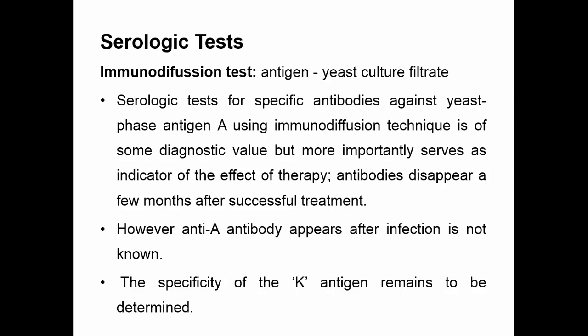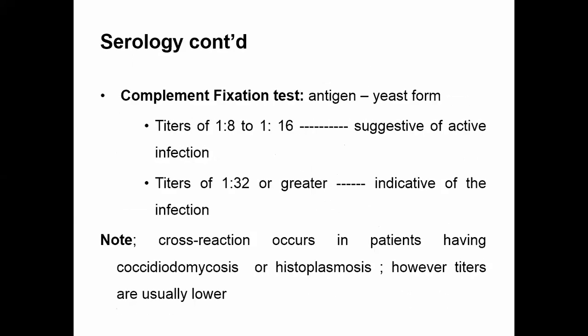So if we have antibodies against such antigens, which we recognize as the A antigen, then apart from the microscopy test, the immunodiffusion test can also work wonderfully for identification of a specific yeast culture.